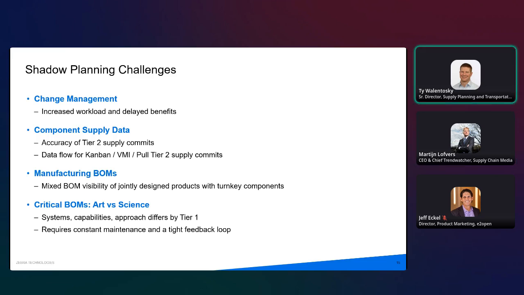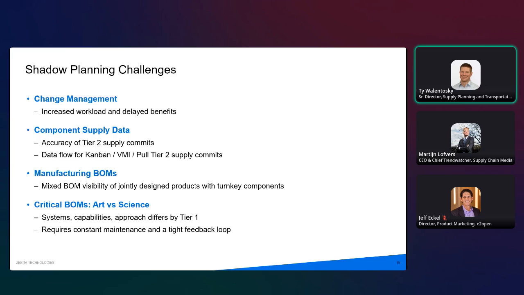Yeah, definitely, right. So we do get that information. It's not real time, but it's weekly from our suppliers. That is part of the supplier visibility data that we're getting today through e2open.